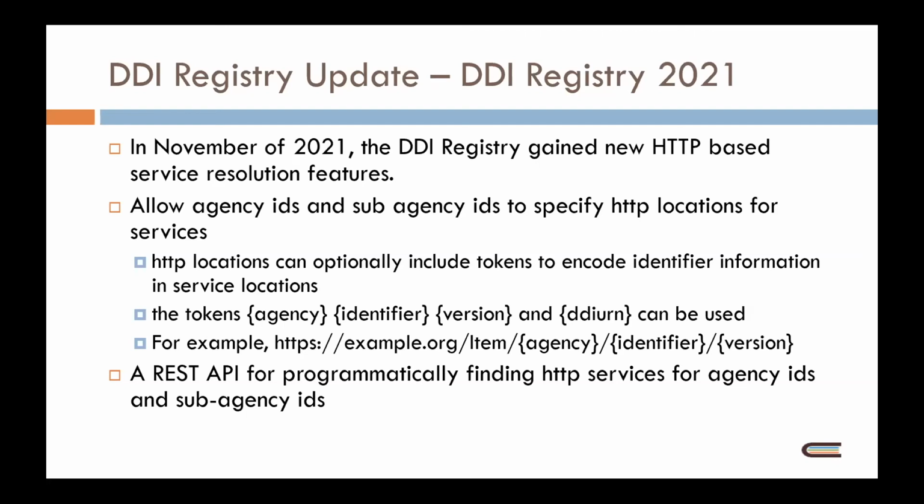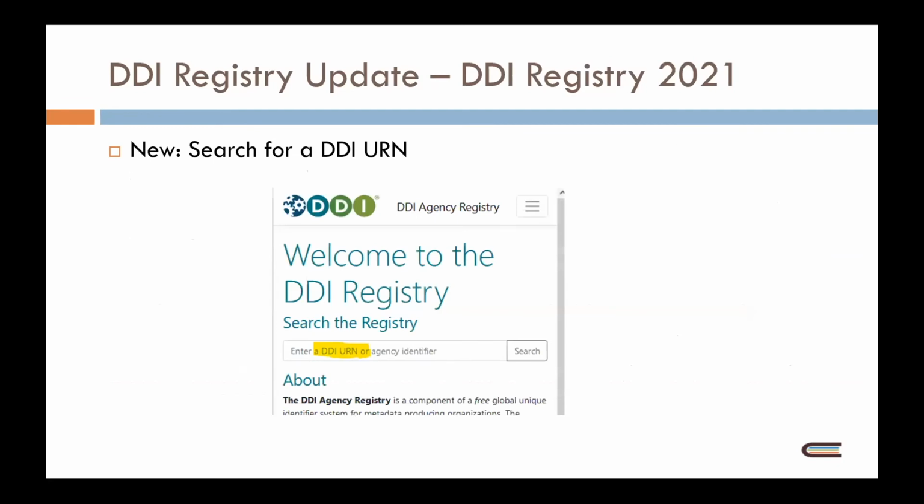So this enables a couple new features. One of them is on the DDI registry. Before, when you went to the DDI registry, it would say enter an agency identifier, and you could search for an agency identifier to find out which organization or individual had that agency identifier registered. Now you can enter a DDI URN or an agency identifier.